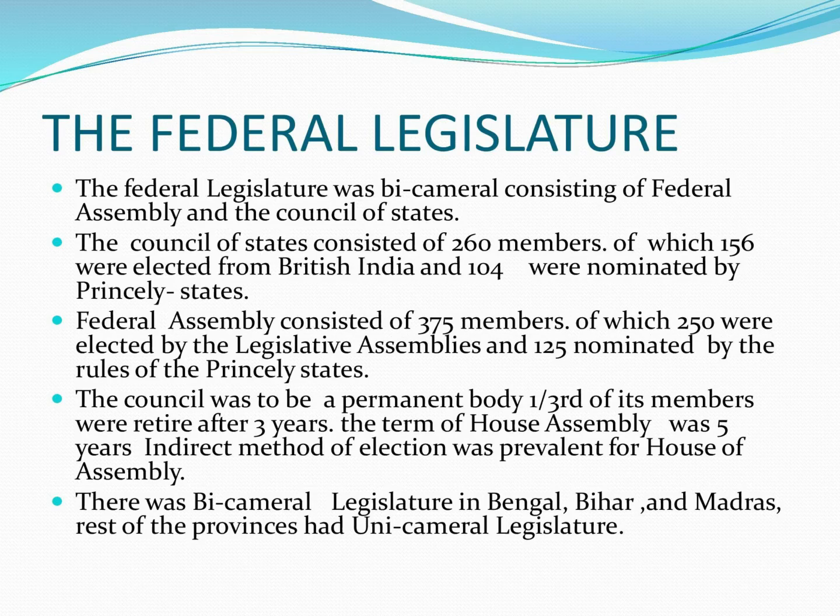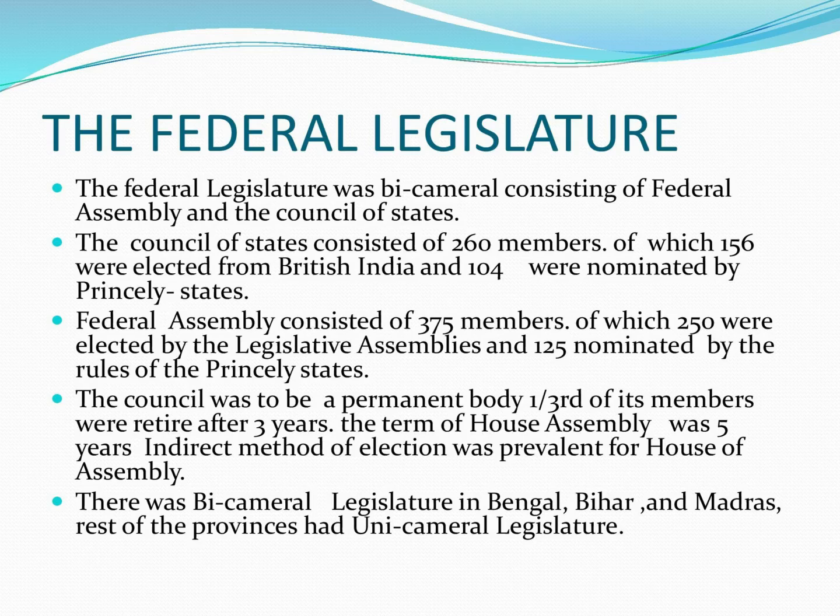First, the Council of State consisted of 260 members, of which 156 were elected from British India and 104 were nominated by the princely states. Then the second, the Federal Assembly consisted of 375 members, of which 250 were elected by the legislative assemblies and 125 nominated by the rulers of the princely states.